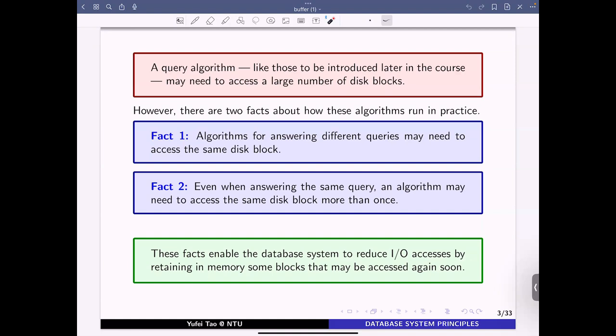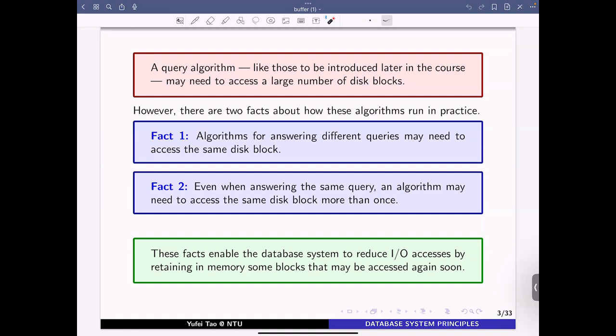My query says, okay, database, I want to read a block with ID one, and then the database takes over. But the database is smart enough to see, hey, this block with this particular address is still sitting in the main memory. So why do I have to go to the disk to perform another IO? So we get to save this 10 milliseconds. So this is the idea behind buffering.